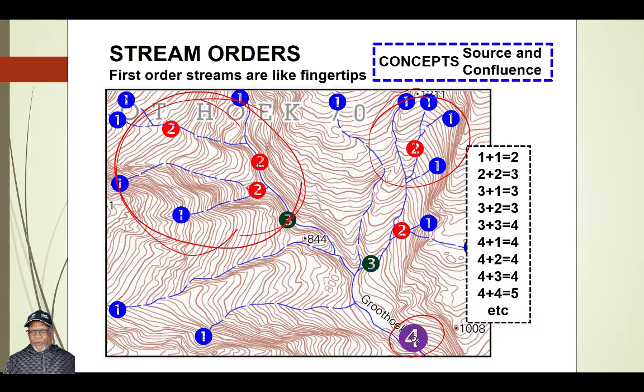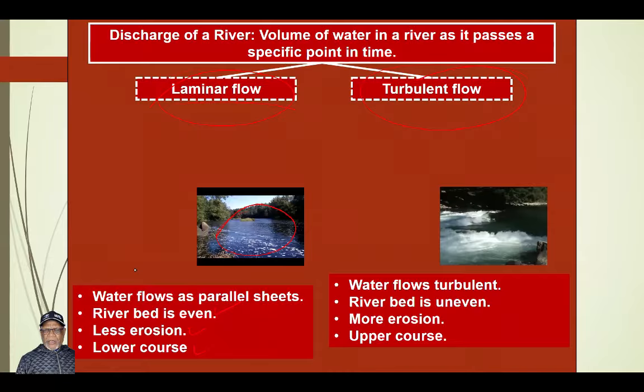When a river flows on an even surface, in a lower course, it's going to flow in a characteristic called laminar flow, where water flows as parallel sheets, as you can see in the diagram here, and the riverbed is even or smooth, and there is less erosion, and it occurs mainly in the lower course of the river. So at this stage, you can say the river is graded.